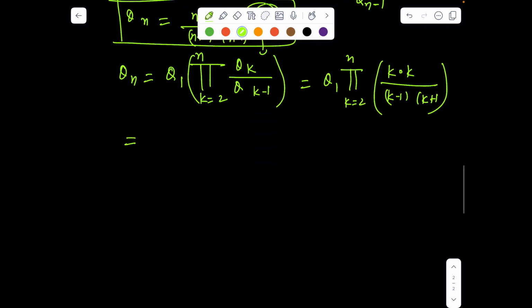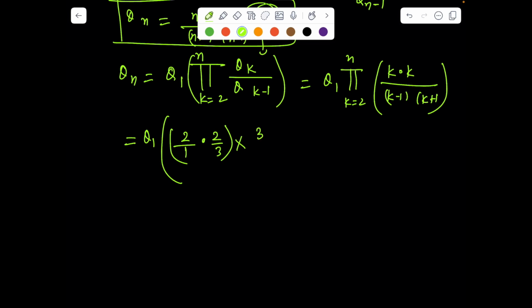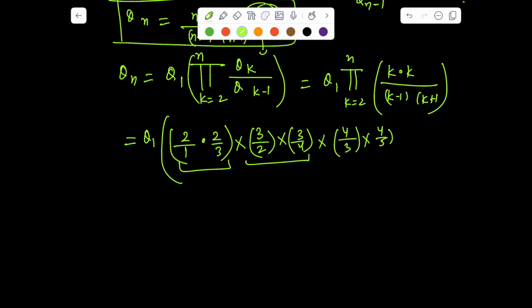And this is just a telescopic product because we can see by putting k=2 we'll get 2/1 into 2/3. Next term: put k equals 3, so we have 3/2 into 3/4. So you can see how this bracket gets killed off. Put 4, so we'll have 4/3 into 4/5 and so on and so forth.